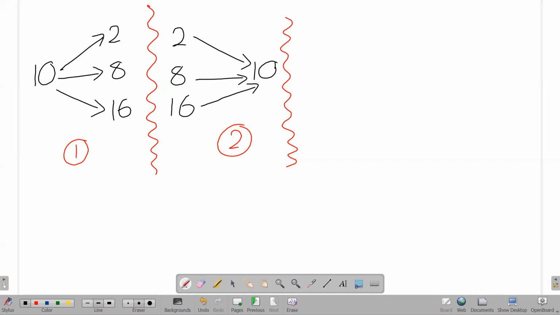The third one is going to be where we convert binary values into octals and into hexadecimals. That is the third conversion type.